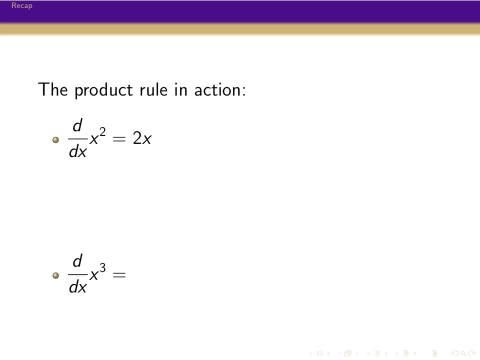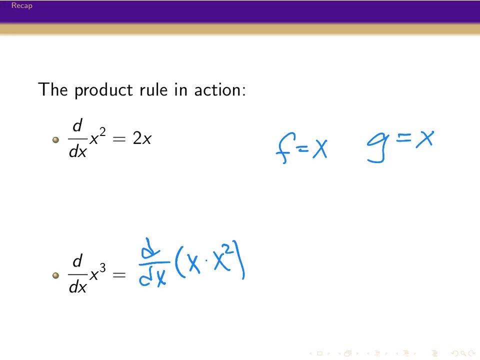Then we can do the same thing, say if we wanted to take the derivative of x cubed. So we can think about this as being x times x squared. So I can let my f function be x, my g function be x squared. f prime is going to be 1, and g prime is going to be 2x.